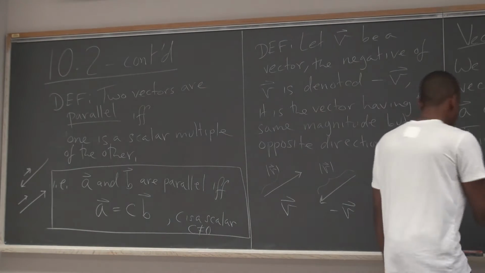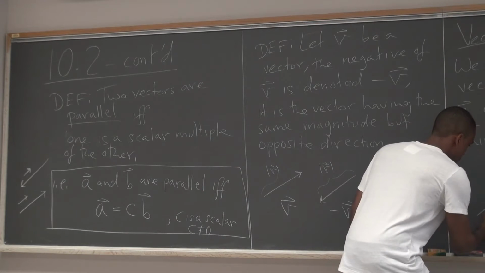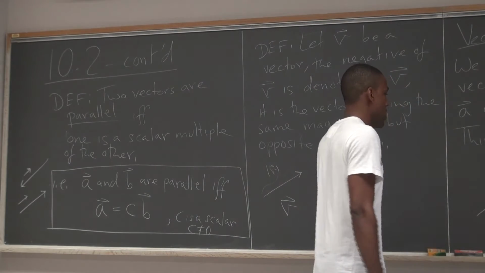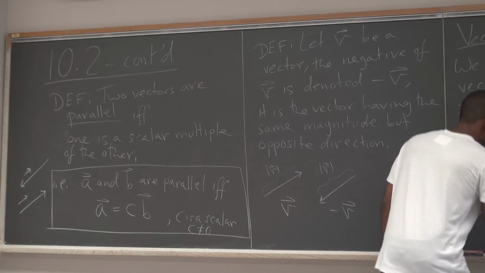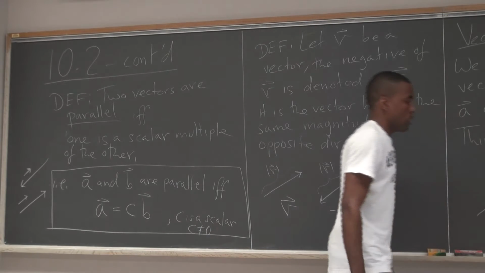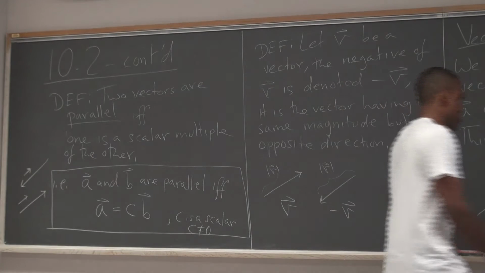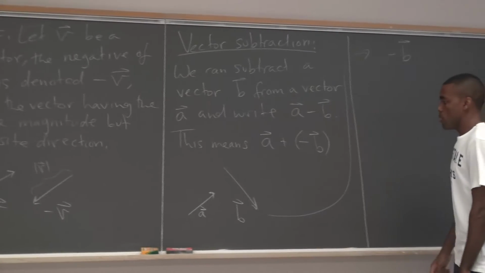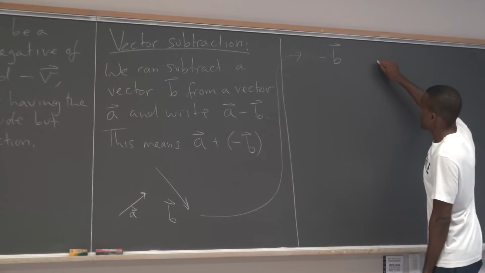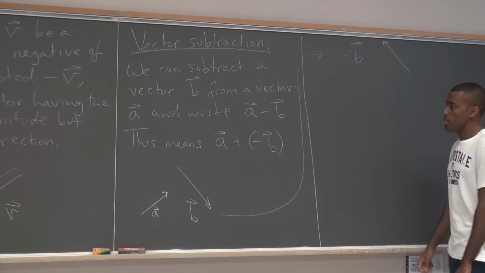So if we have a here, and we have, let's do b here, what will a minus b look like? Well, first realize that minus b, what would that look like? It will point actually up, right?